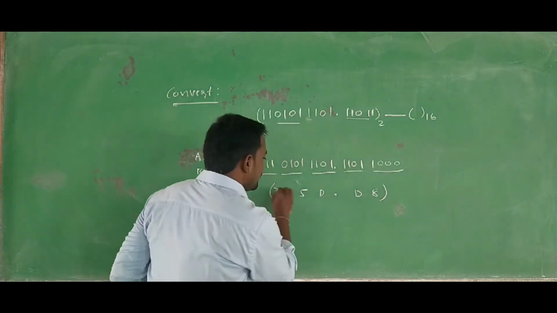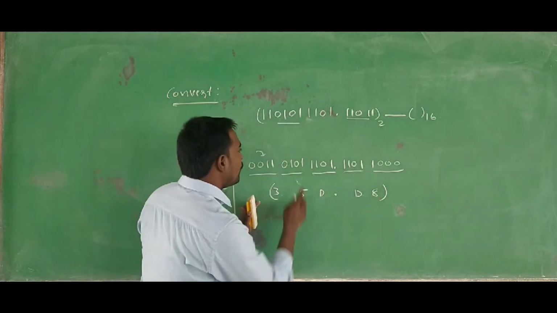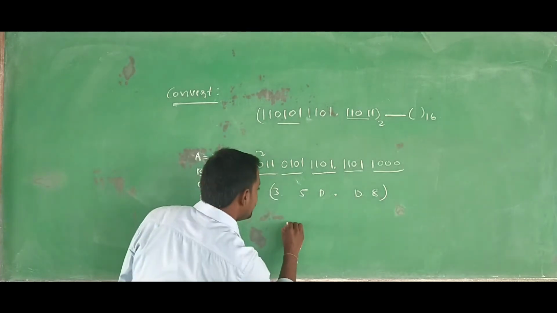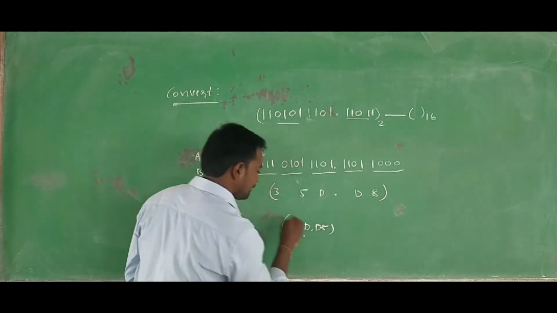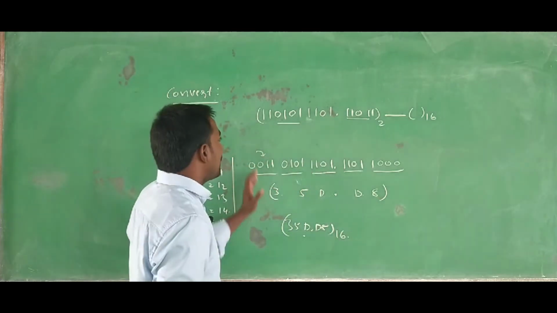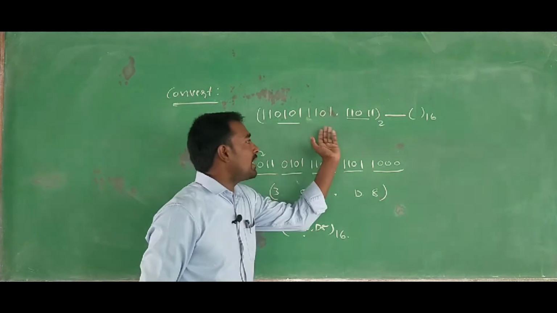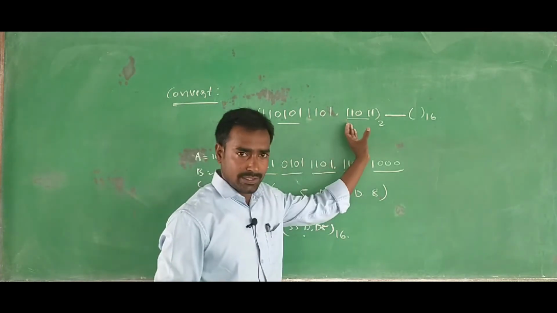So this is the equivalent hexadecimal value for these binary digits, that is 35D.D8 having the base of 16. When we are converting a binary number into hexadecimal, we have to take 4 equivalent digits.